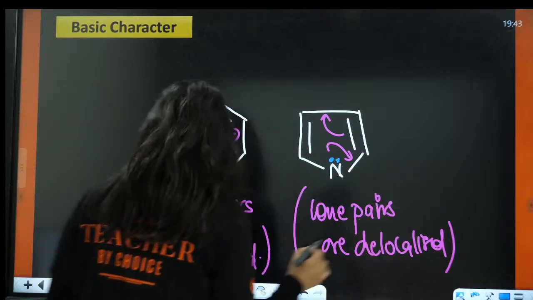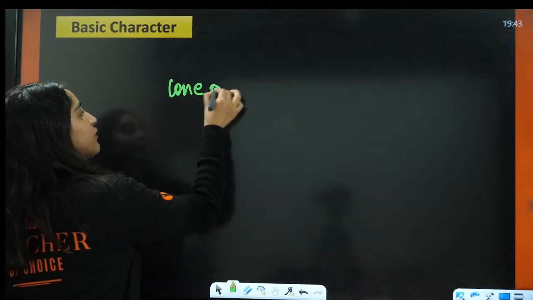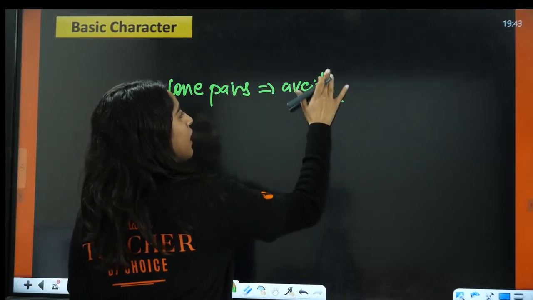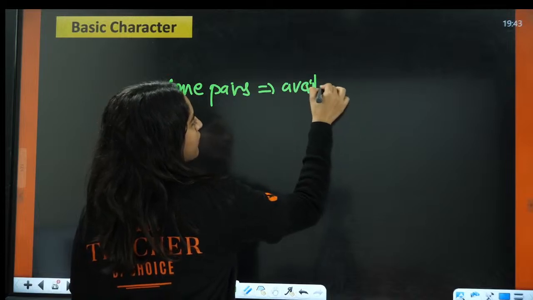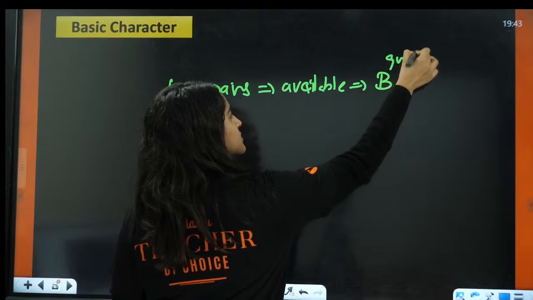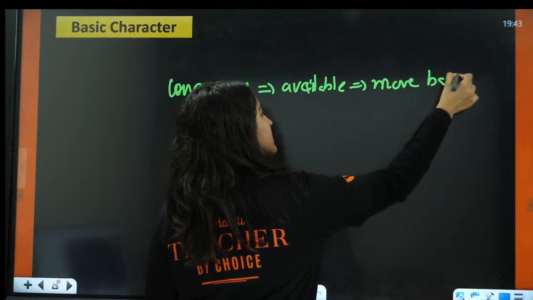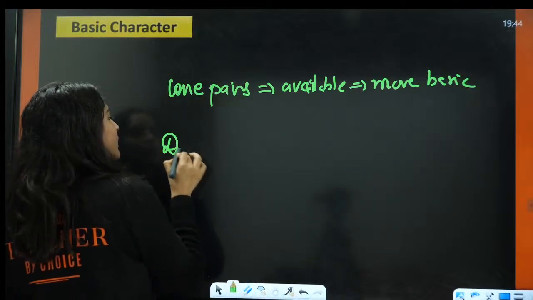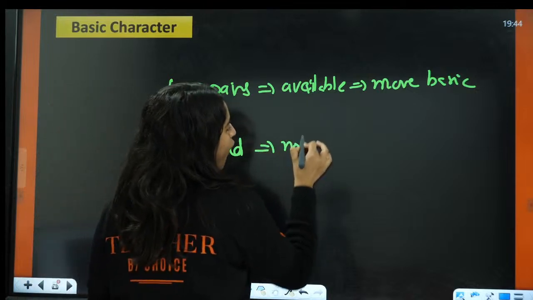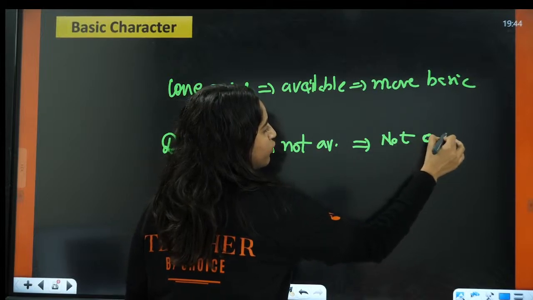So always remember, if lone pairs are available, that means it is a good base. It is more basic as compared to delocalized. Okay, that means not available, not a good base.